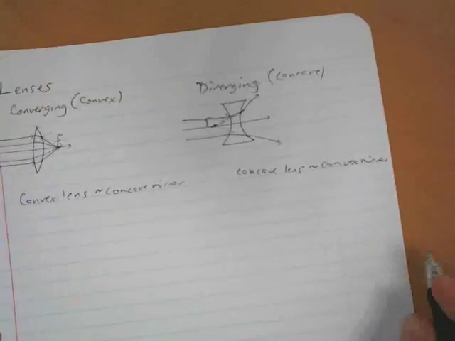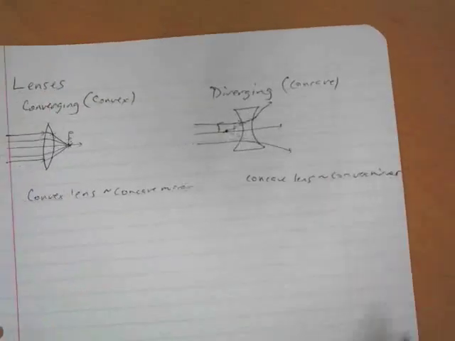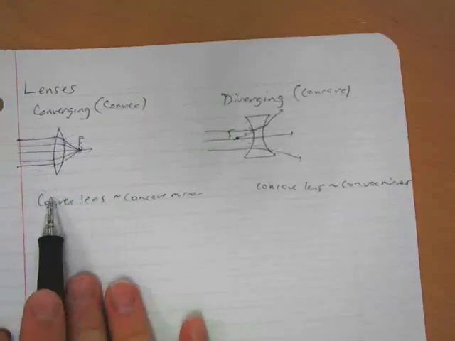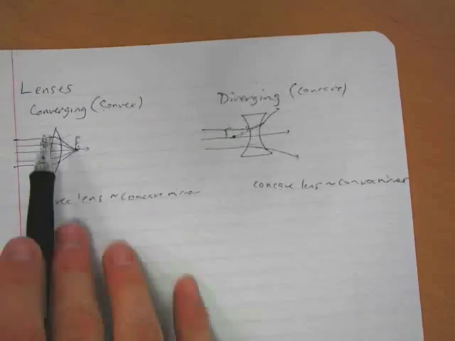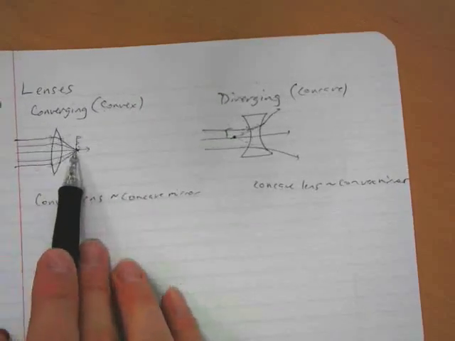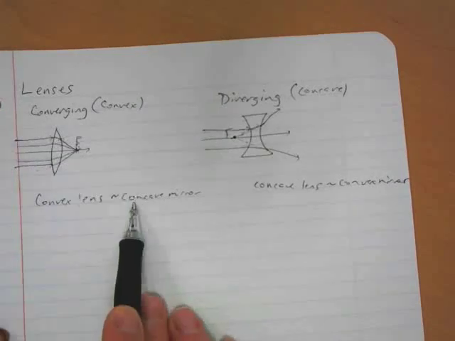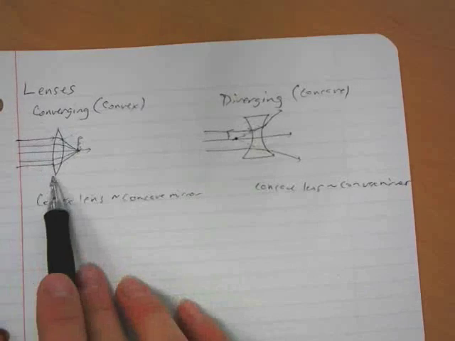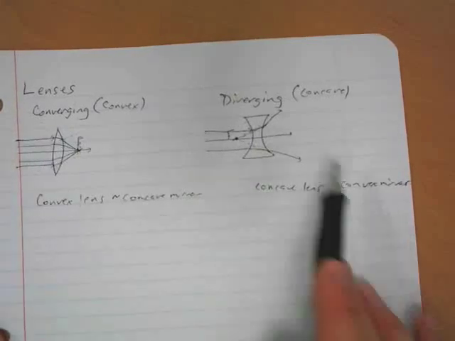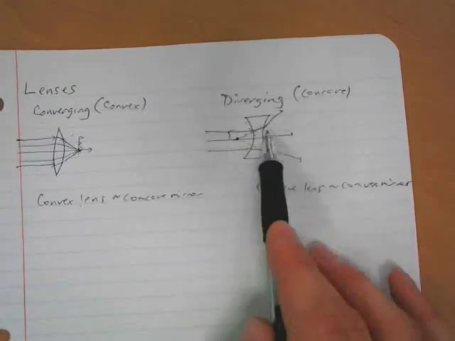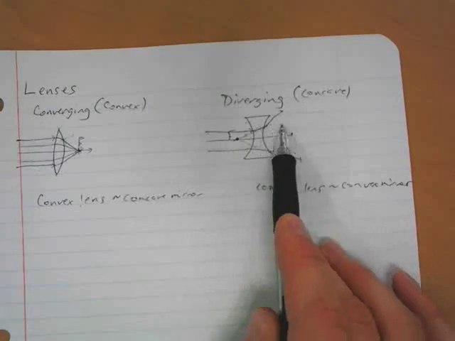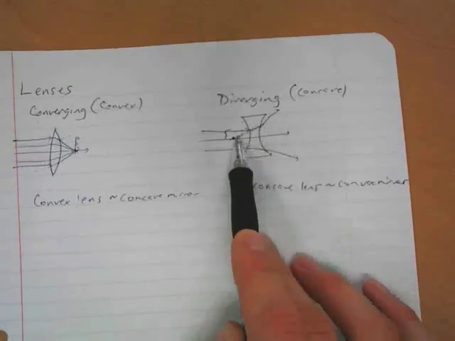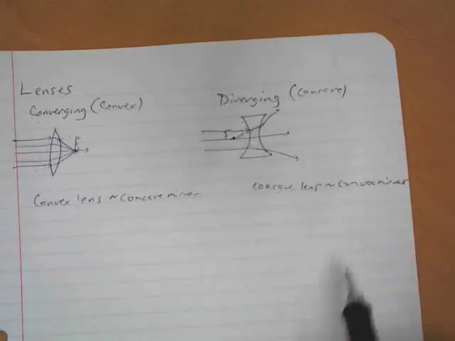And we'll see that in terms of the types of images they form, but for now just note, for a convex lens, the light rays actually converge at a point, just as they did for a concave mirror. Now for the mirror, the point was on the other side of the lens, but the light rays actually converge there. A concave lens, the light rays don't actually converge, but the way they're bent, they appear to be emanating from a source, over here, and a convex mirror did a similar thing.